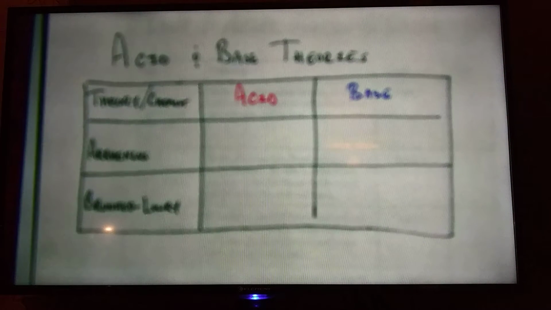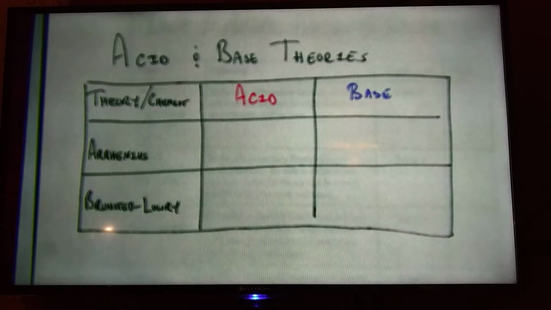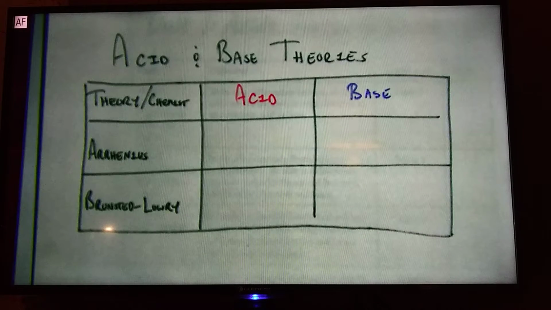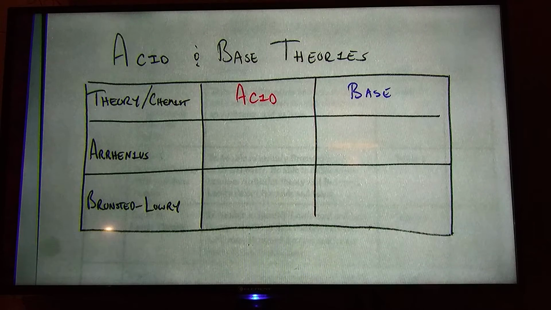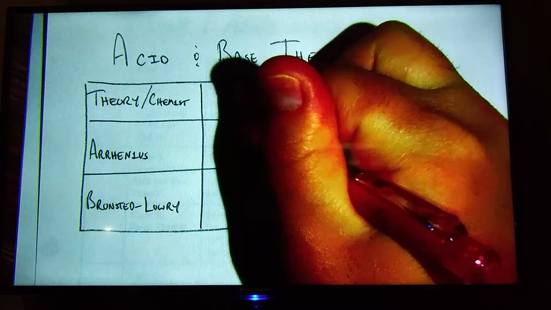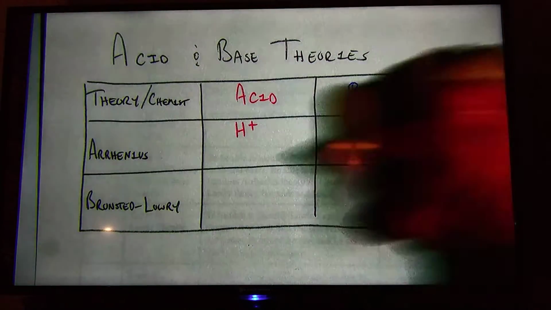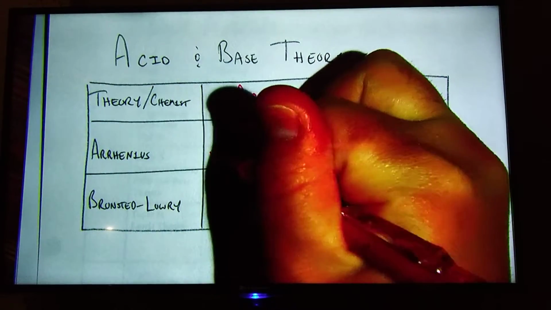So there's two main chemists that they like to focus on. One of them is going to be Arrhenius. The other one's going to be Bronsted-Lowry acid bases. So you should definitely be aware of the concepts and the theories which they contributed for acids and bases. So the first one, Arrhenius. Arrhenius acids involve an H+, or that was a hydronium ion.